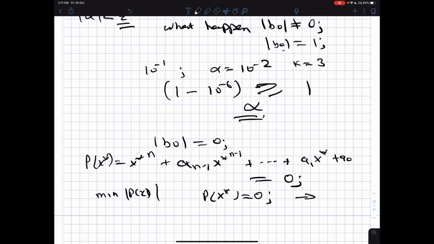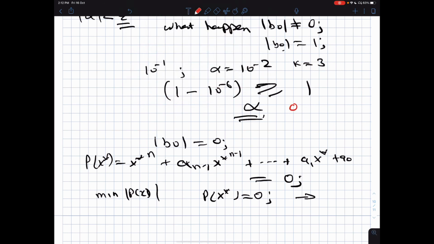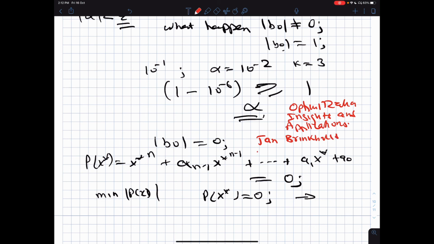This proof again I have taken from the book called Optimization Insights and Applications, by Jan Brinkhuis and Vladimir Tikhomirov.